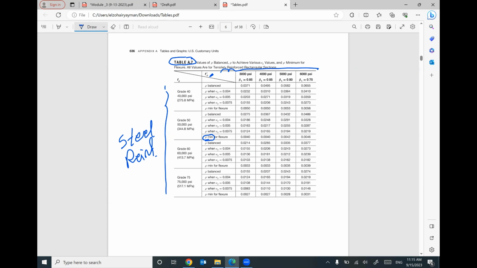This is the rho minimum, and this is the rho maximum: rho at epsilon t equal to 0.005. We can use this one as the rho maximum.